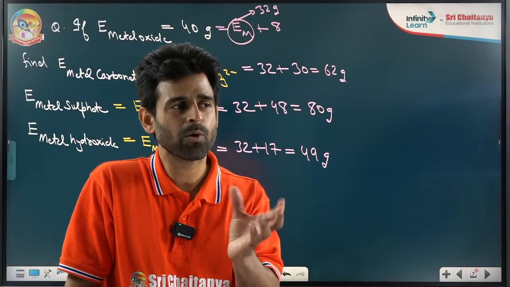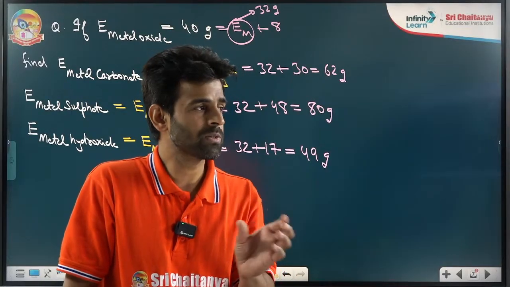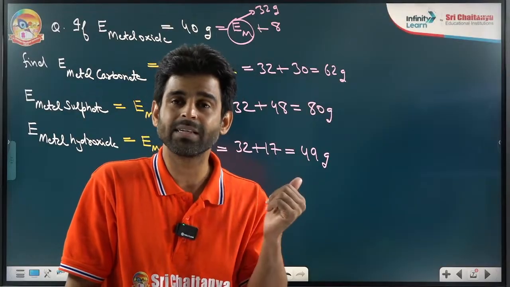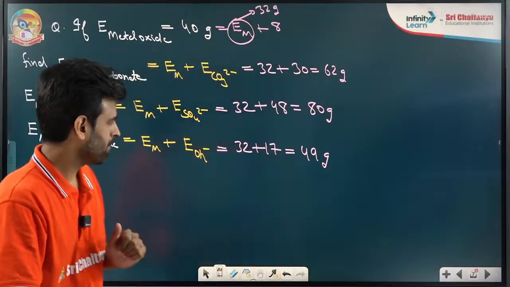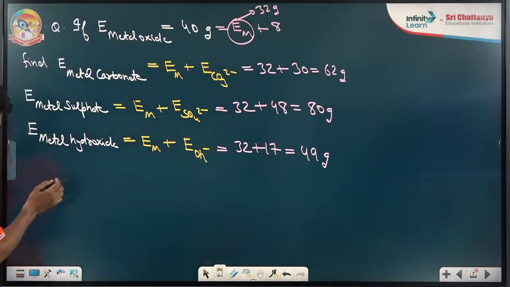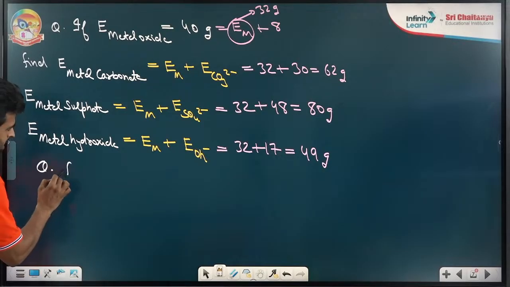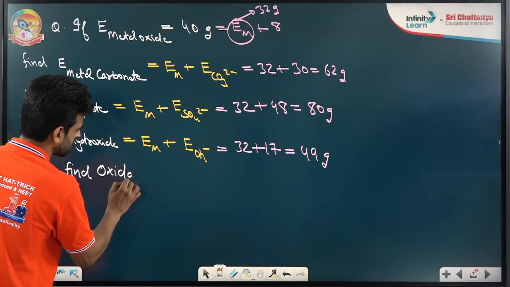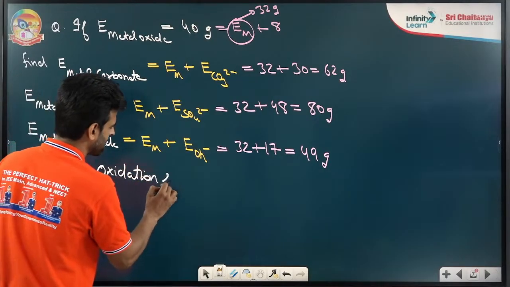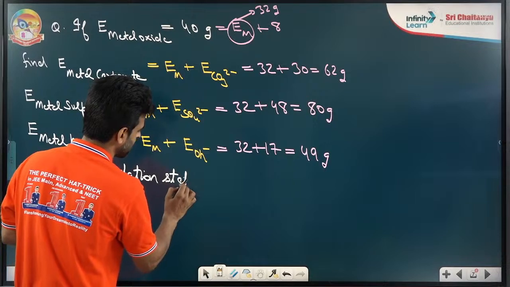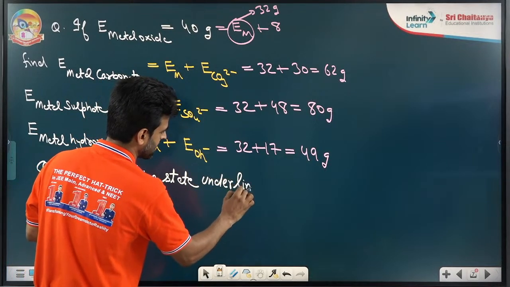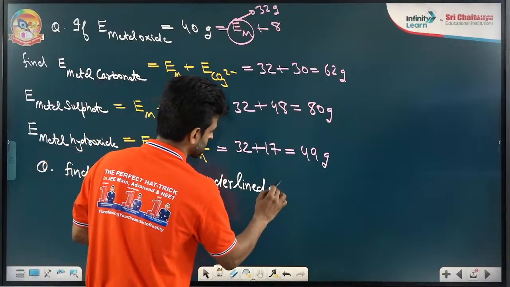So I am asking a small question. If you are clear about this topic, just try to find the oxidation state of these given elements. So find the oxidation state, or you can say oxidation number, of the underlined atom. Then I'll come to the next point.